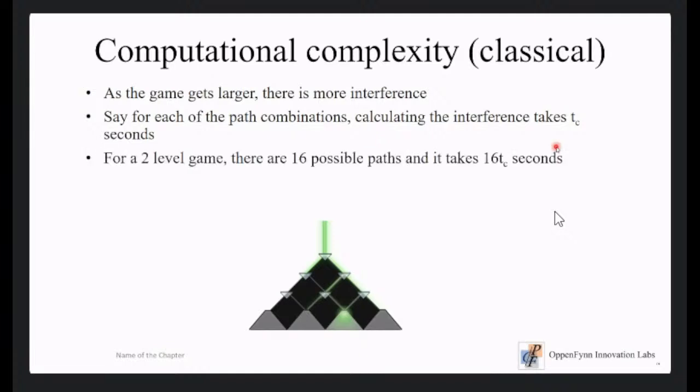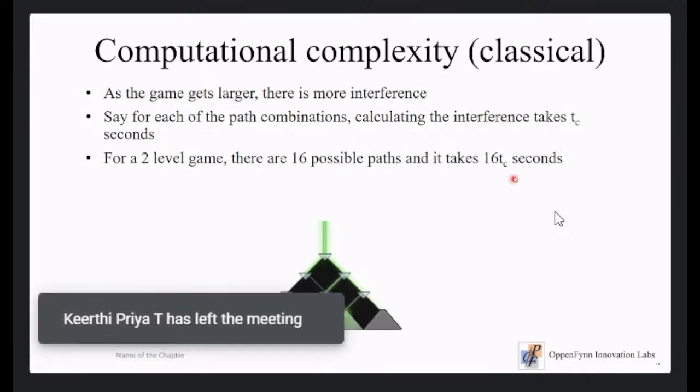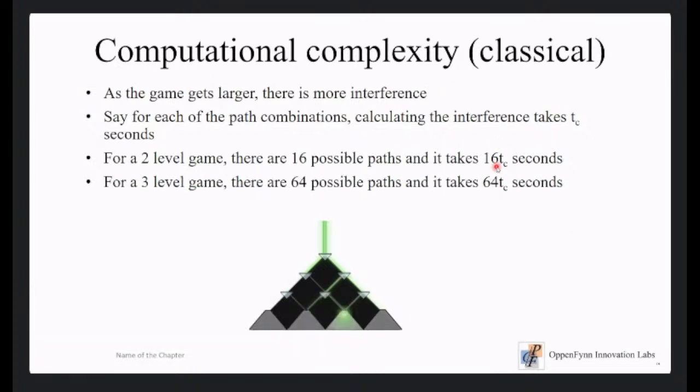Then for a two-level game, as we saw earlier, there are 16 possible paths, and it takes 16 TC seconds to calculate all the possibilities using pen and paper. Similarly, for a three-level game, you have 64 possible paths, and it takes 64 TC seconds. I'm calling it the pen and paper method, but it's similar to the classical method of doing things.